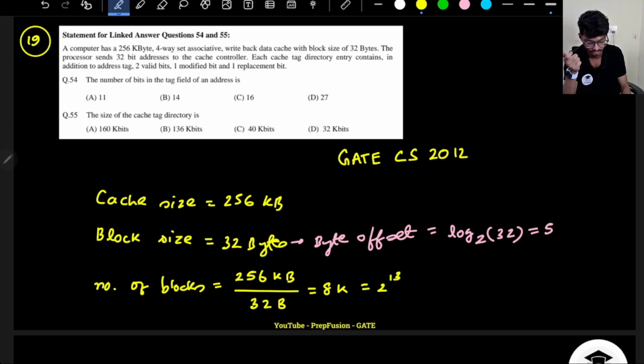So the number of blocks is 2 raised to power 13.